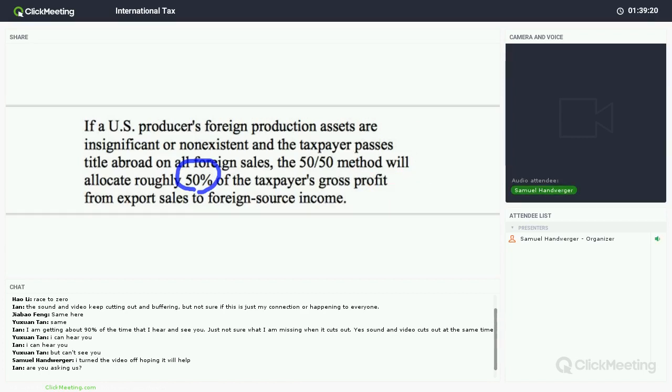The other 50% you can control by where the title passes. So for the asset side, it'll be all U.S. source. Okay, so we have to accept that. It makes sense because it's manufactured here. But for the export sales, just have the title pass outside.